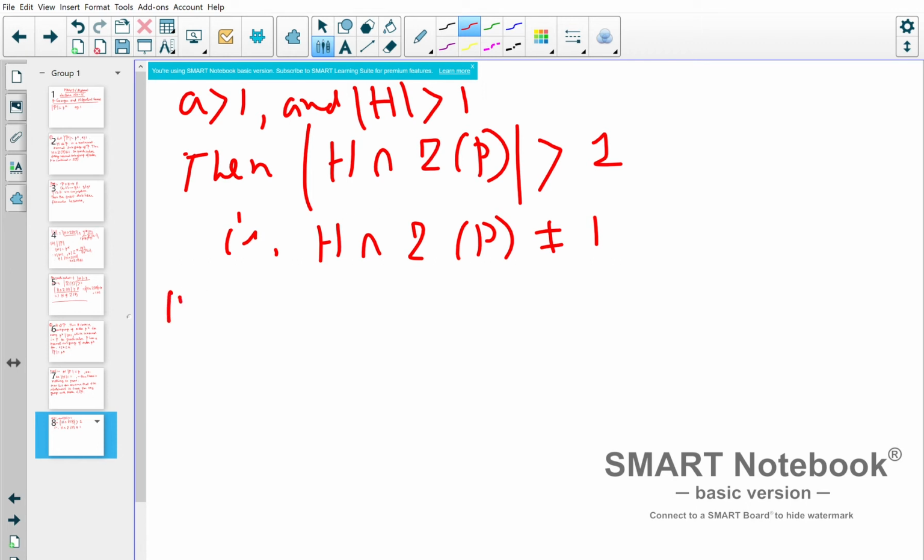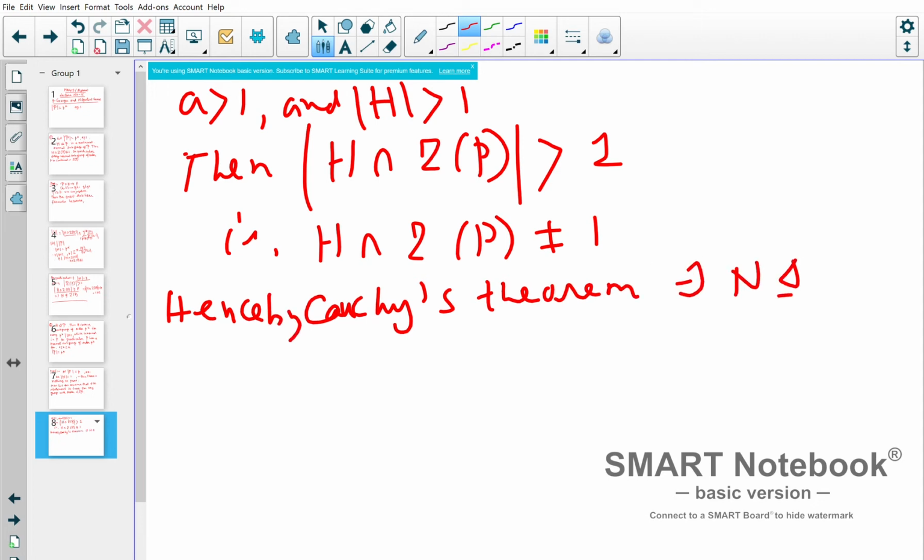So hence Cauchy's theorem tells me there exists a normal subgroup N of P such that, why am I saying normal subgroup? Because any central subgroup is a normal subgroup. We already proved that, right? So this N is sitting inside H intersection Z of P.